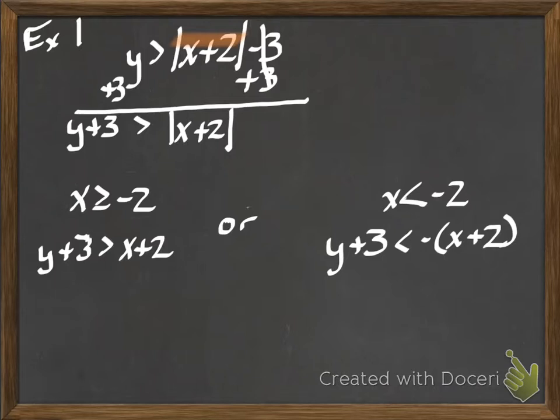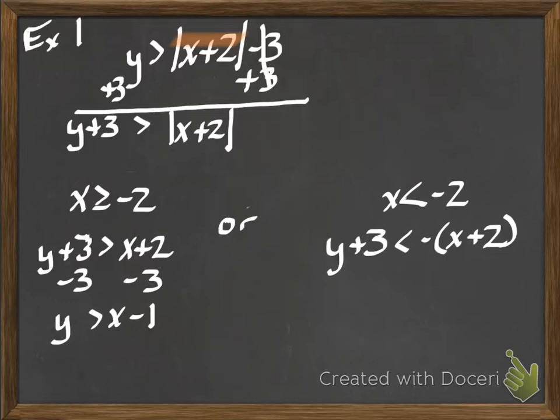Let's solve one side at a time, just like we did before. Subtract 3 from both sides. I want to solve it for y because when we are graphing, we like y equals, or y is greater than. So we have y is greater than x plus 2 minus 3, which is x minus 1. Now let's take the other side.